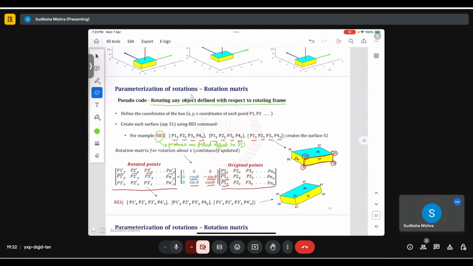For example, if you were to consider the surface S1, which has P1, P2, P3 and P4 as the vertices, so this will be P1X, P1Y, P1Z, P2X, P2Y, P2Z.